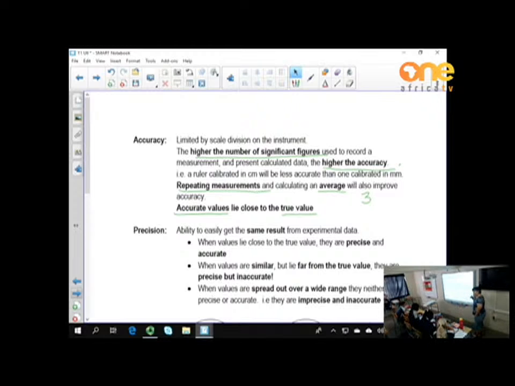Precision: the ability to get the same result from experimental data. When values lie close to the true value, they are precise and accurate. So does being precise and being accurate mean the same thing? No, it doesn't.